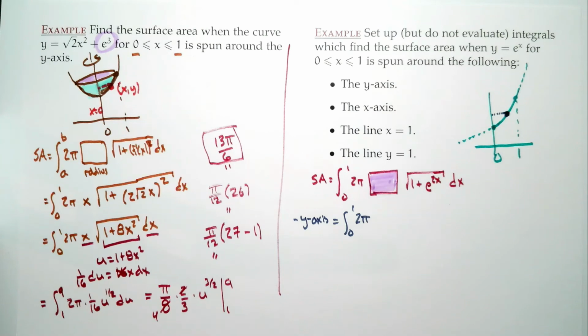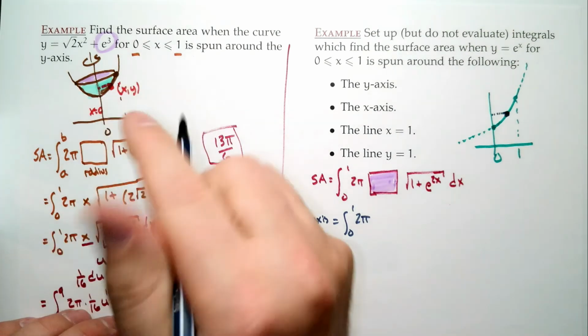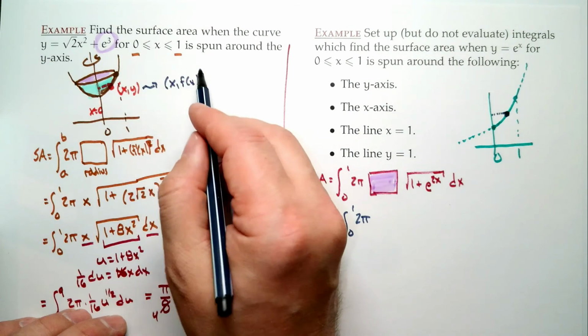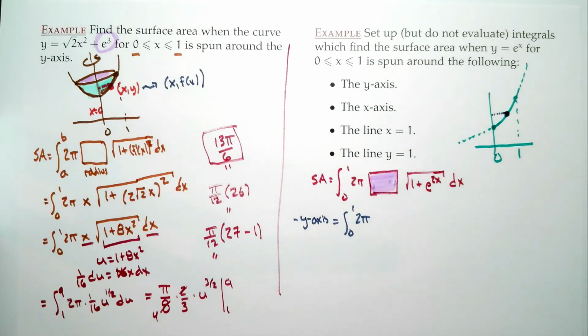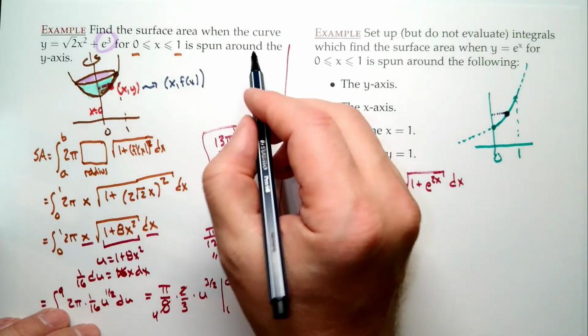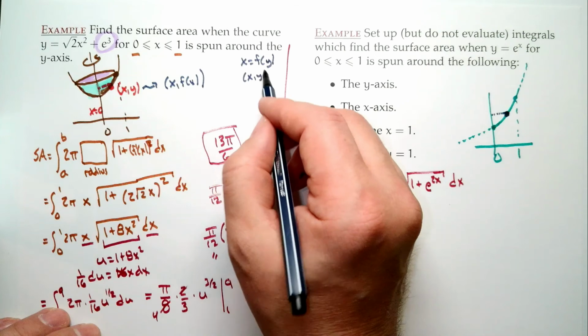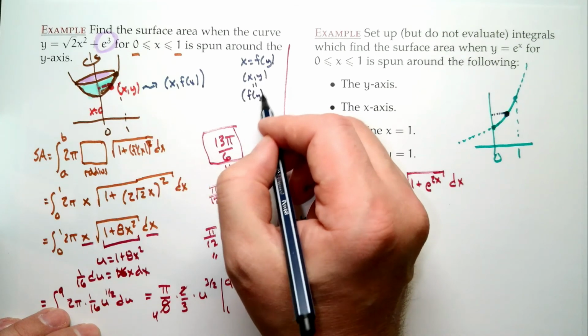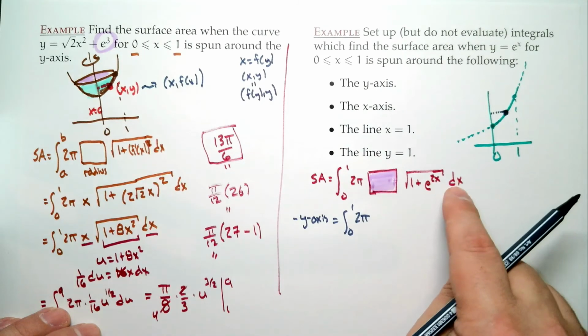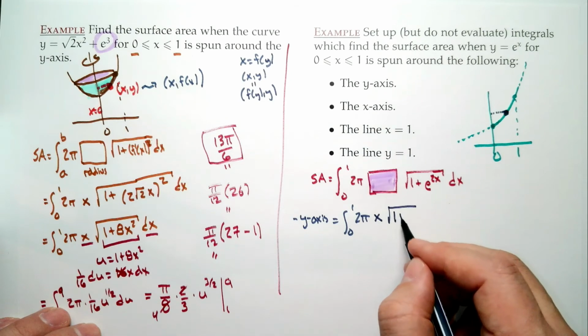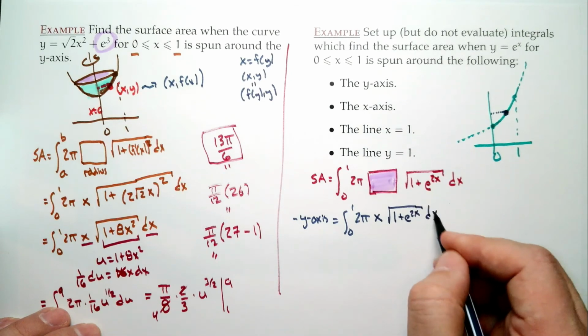Currently, we're integrating everything in terms of x, so the point (x, y) we really think of as (x, f(x)). If we had been integrating in terms of y, with x equals a function of y, then we'd think of our point as (f(y), y). In our case, we are integrating with respect to x, so x is the right distance. So 2 pi x square root of 1 plus e to the 2x dx.